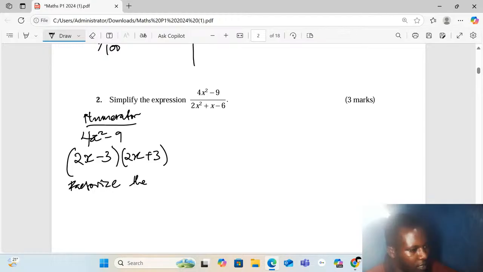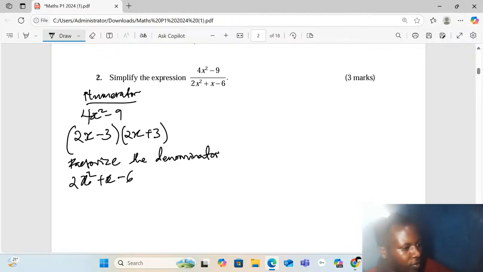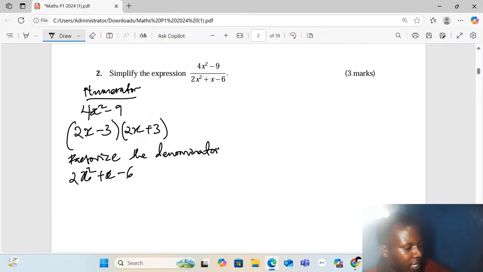Now, we factorize the denominator, 2x squared plus x minus 6.